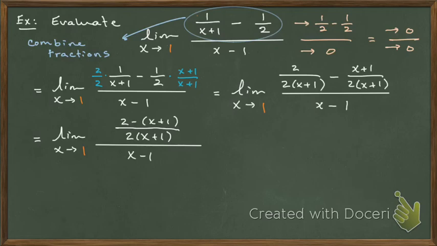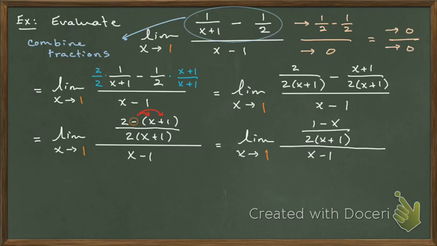One of the largest mistakes you can make there is with this minus sign. Just be careful. I'm subtracting the entire quantity x plus 1. So I distribute that negative. I take 2 minus x minus 1, and I'm left with 2 minus 1 is 1 plus a negative x, or minus x. So that's why we see the 1 minus x in the numerator, divided by 2 times x plus 1, the common denominator stays the same, all divided by that x minus 1 from the start.